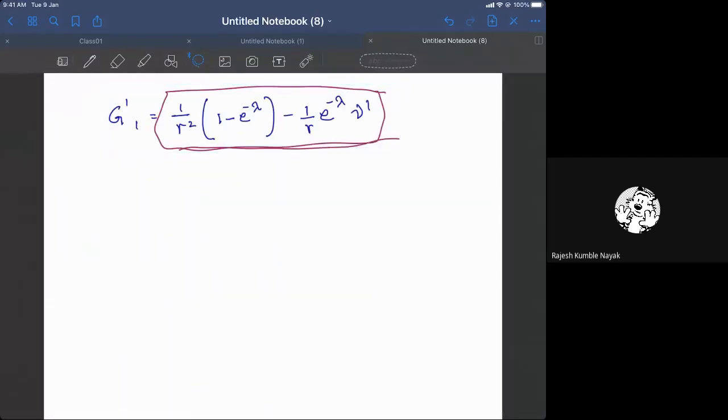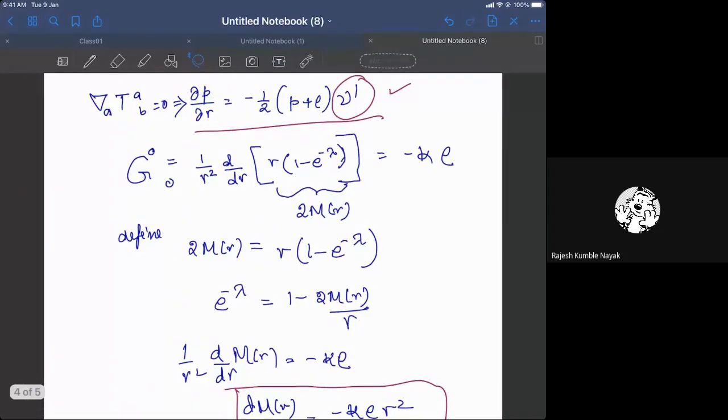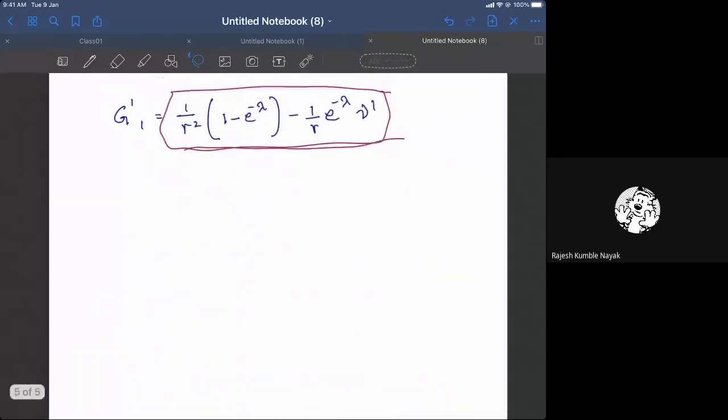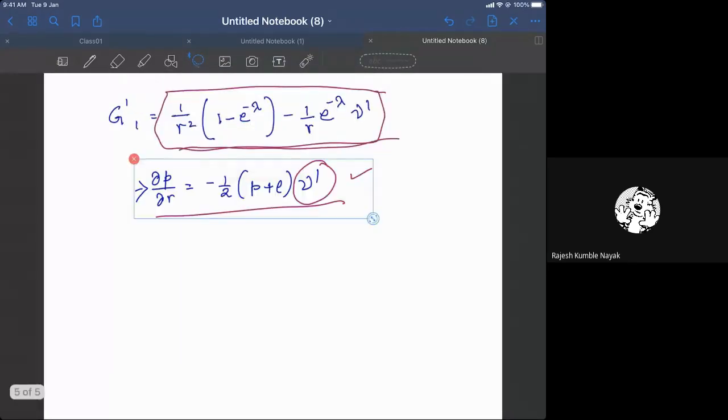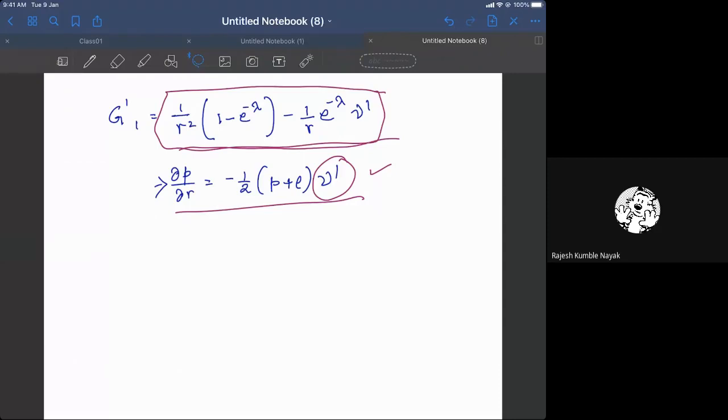So one equation is this. The second equation is this. Okay. Now you see that this is the dp by dr, and then you have a derivative of nu, and you have a derivative of nu here. Other things are lambda here.